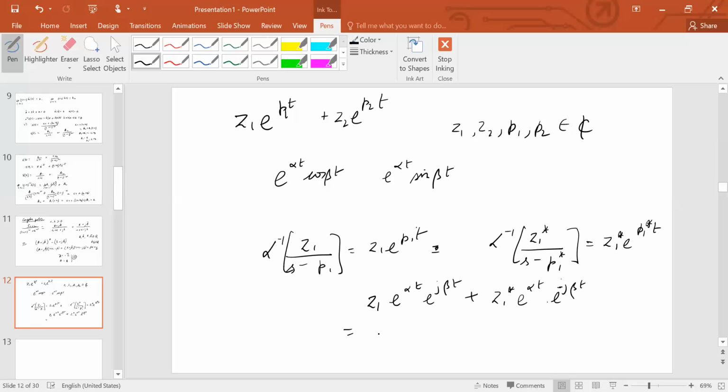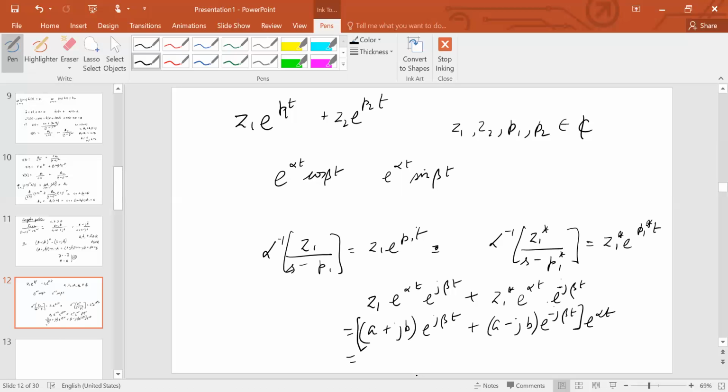So then you will have the real part of z1, let's call it a plus jb, times e to the power j beta t, plus a minus jb times e to the power minus j beta t, this times e to the power alpha t.